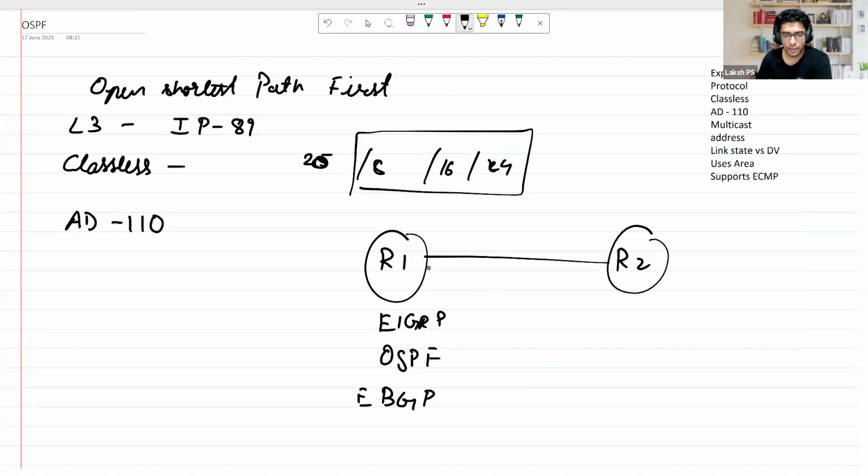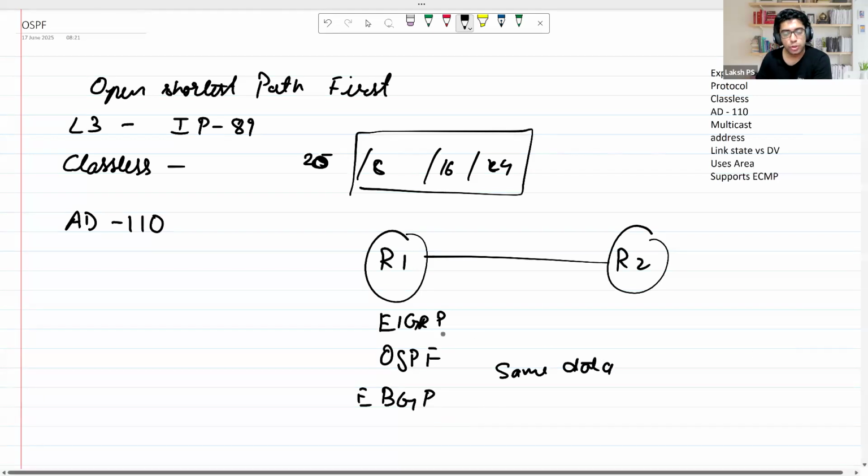So all these protocols are exchanging the same data with each other. So which protocol will these routers choose to send the data, right? From a router's perspective, they can choose only one particular protocol to forward the data.